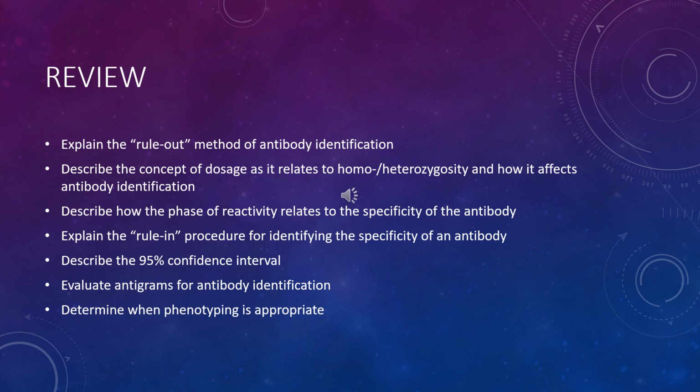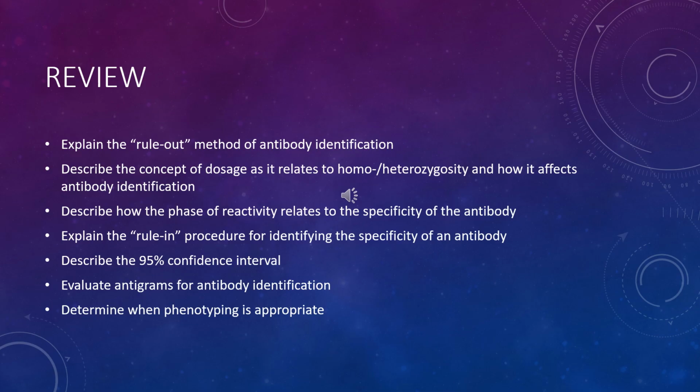Dosage is the effect that inheriting two of the same alleles, so homozygous inheritance, corresponding to an antigenic expression, leads to a stronger expression of that antigen. Meanwhile, heterozygous inheritance would lead to a weaker expression of each antithetical antigen in that blood group system. Don't forget that we want to rule out antibodies using homozygous cells, because otherwise we might unintentionally rule out a weakly reacting antibody.